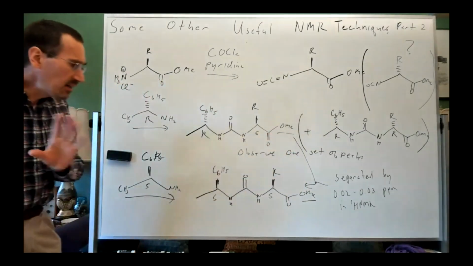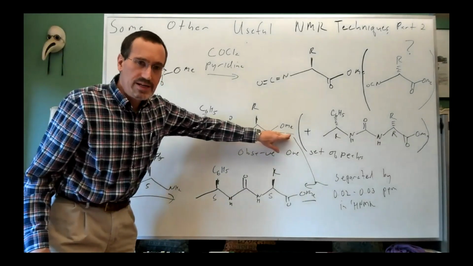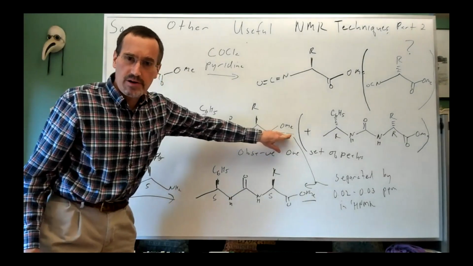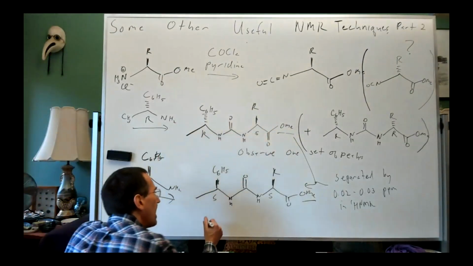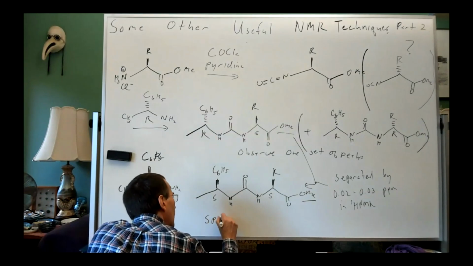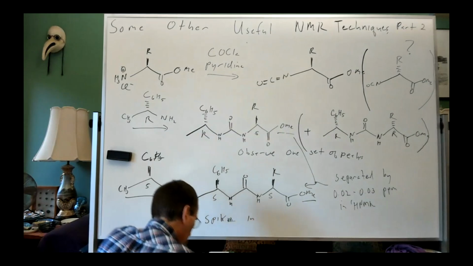And then the final experiment we did to establish that we were indeed enantiomerically pure in our isocyanate was to go ahead and spike in about 1%.